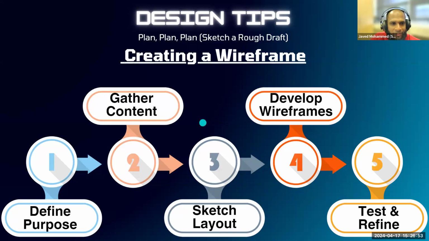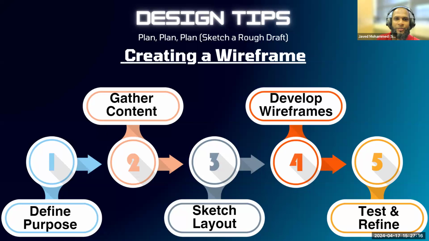When you've done that, now you want to sketch a layout. Use a pencil and paper, create a basic sketch, outline where each piece of content will go. Because I'll tell you this, when you go on the platform to design, you can get confused. You'll be tempted to use what is already popping up there, and you might just go with it.